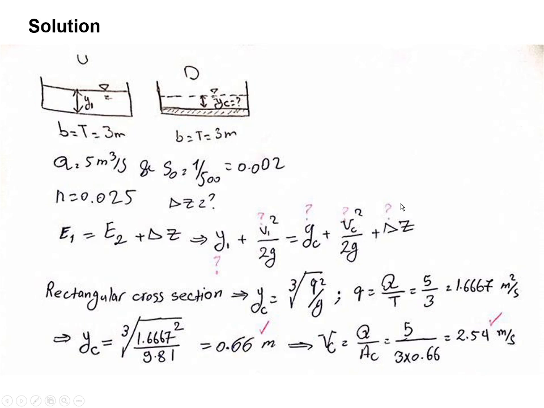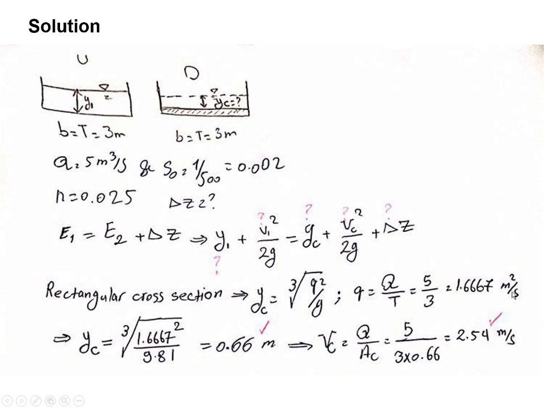But we have a magic equation, as I told: yc, critical depth in rectangular cross sections, equals the third root of q squared over g. Now I calculate q because I have the capital Q. Discharge per unit width equals 5 over 3, or 1.66667 cubic meter per second per meter.